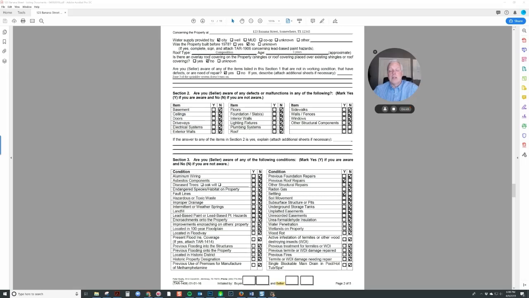So in my area, sometimes they used to have shake shingle roofs, and then they would come back in without removing that and put a composition roof right over the top of it, or 2 composition roofs. And a lot of the reason they ask that is for insurance purposes. The weight of the roof can be a problem for the joists of the structure of the roof to hold that weight.